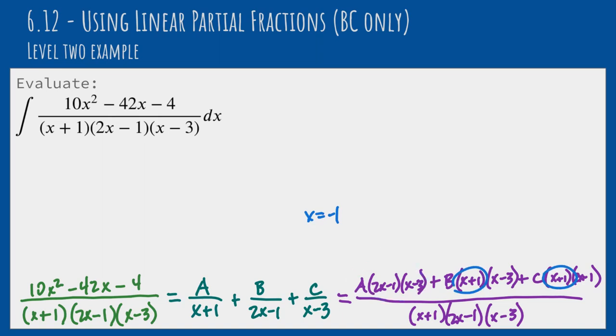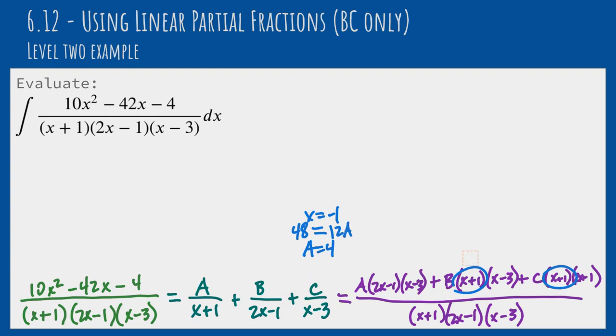So plugging -1 in here, we're going to have 10 plus 42 minus 4. So that'll be 52 minus 4, which is 48. And then plugging -1 in, we're going to have A times -3 times -4, which will be 12A. So we get A equals 4.